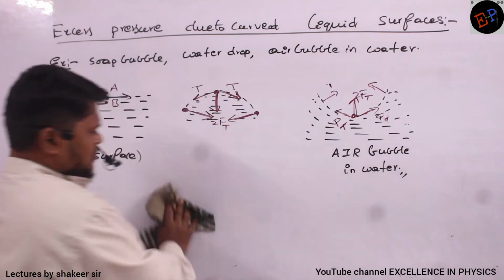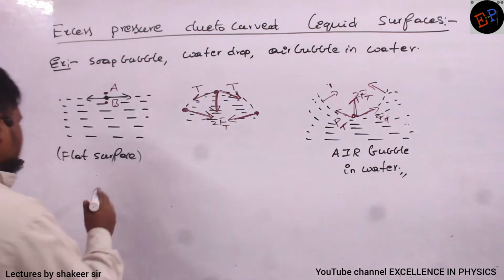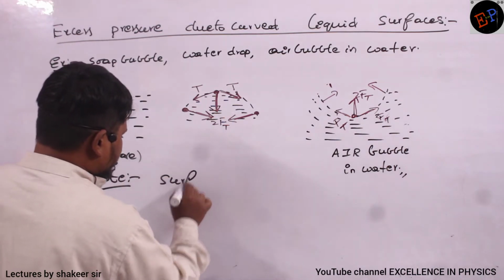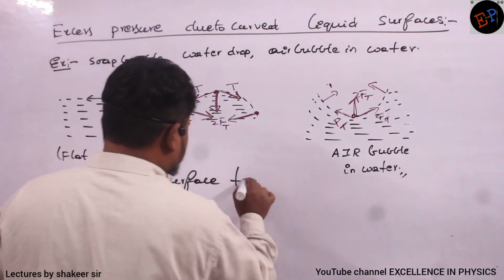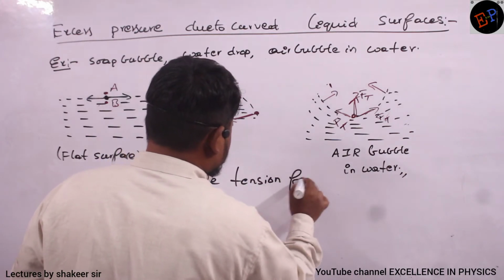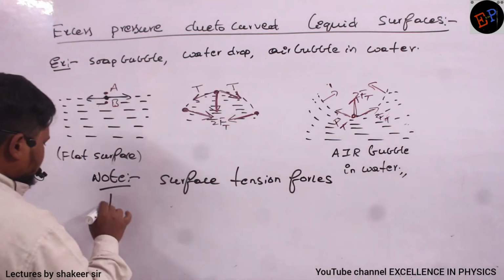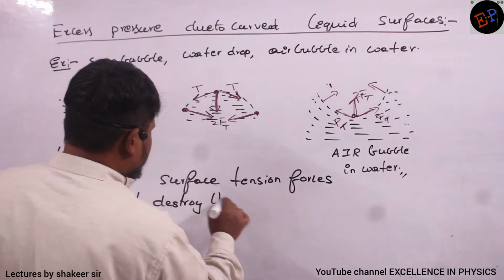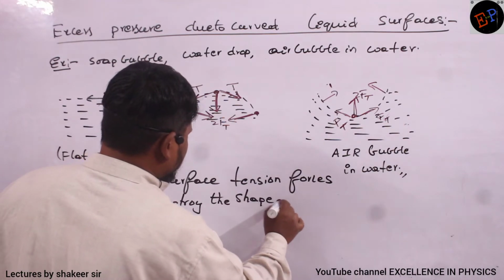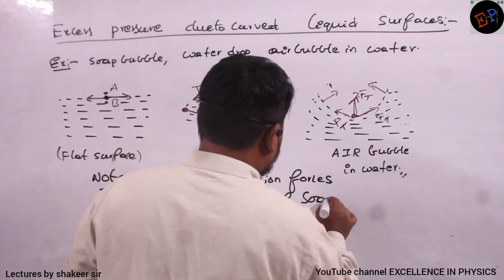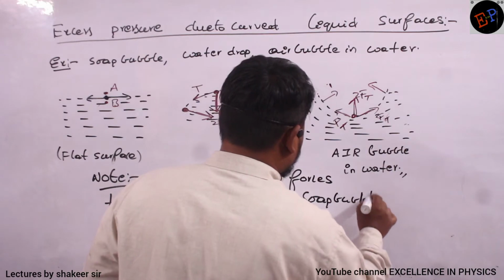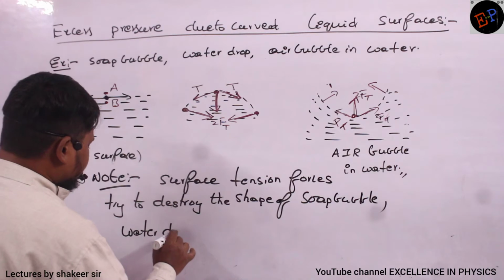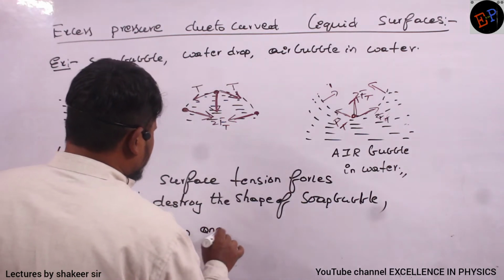Okay. So, note point. Surface tension forces try to destroy the shape of a soap bubble, water drop or liquid drop, anything, and air bubble.